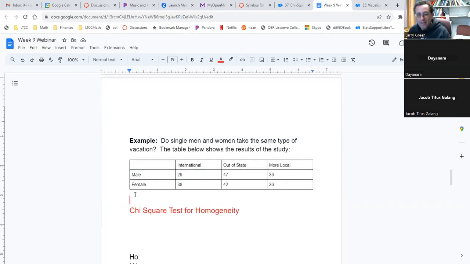Okay, and by the way, you are going to be responsible for naming the test. And actually, all in chapter 11, we have 3 tests. One of them is a chi-square test for homogeneity. What are the other 2? See if you can remember the names, because they're important. This is our 3rd example, and it's our last different example.